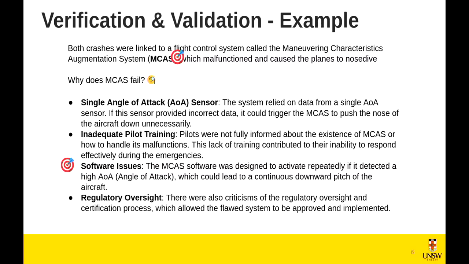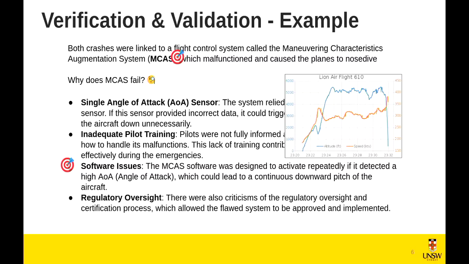Both crashes happened right after the plane had taken off, because when the plane takes off, it doesn't have a very fast speed, and it doesn't have a very high altitude. But the MCAS keeps dragging down the plane, and this is what happened in the Indonesian crash. The blue line is the altitude of the plane.